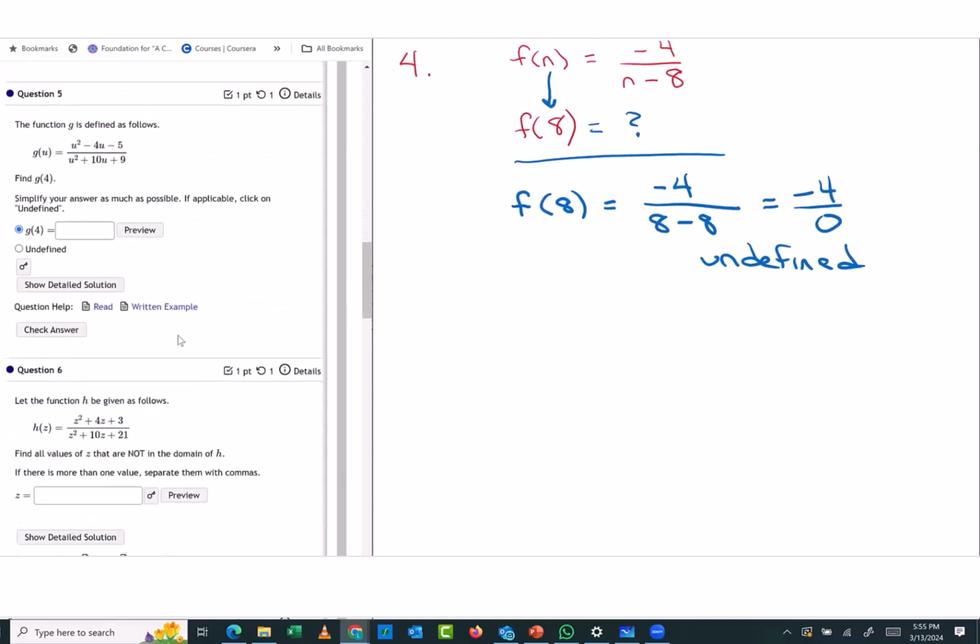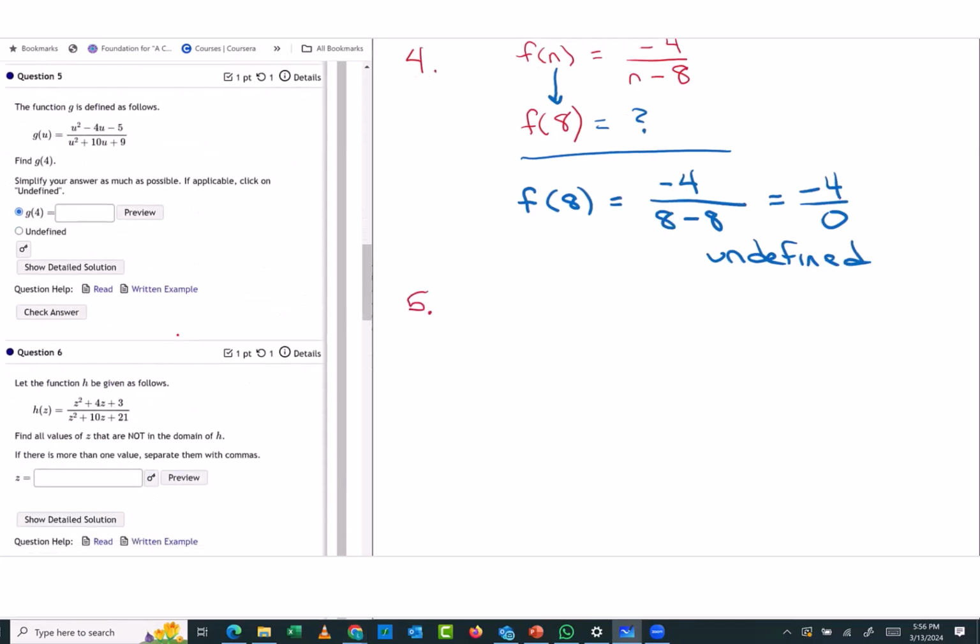Number 5. The function g is defined as follows, and we want to find g of 4. Everywhere there's a u, I'm going to put parentheses, and I'm going to do it twice.